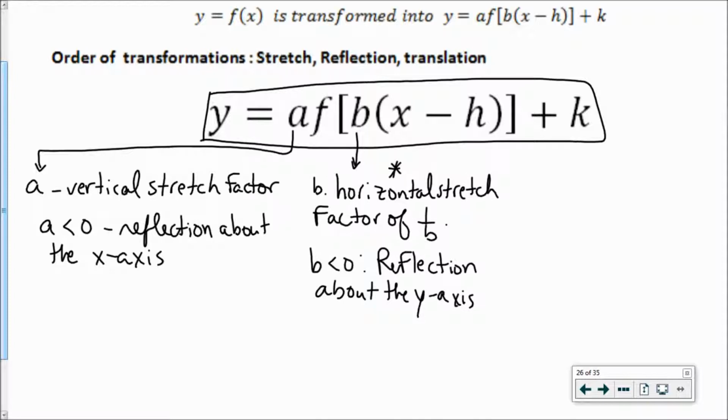And now lastly, h, this is our horizontal translation. Remember here, watch signs. And k is the vertical translation.